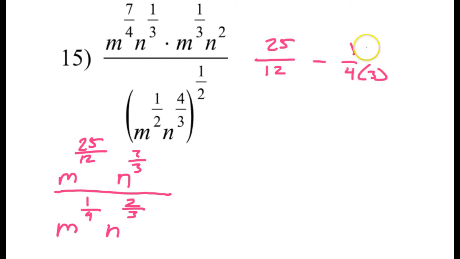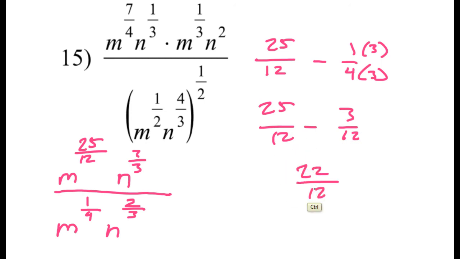Alright, I can make this into a 12 by multiplying by 3. So this will be 25/12 minus 3/12. So that'll be 22/12, which reduces down to 11/6.